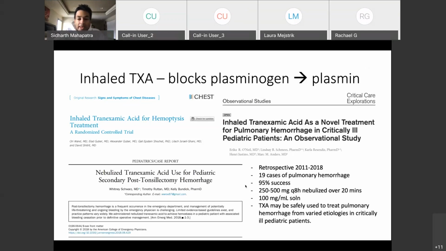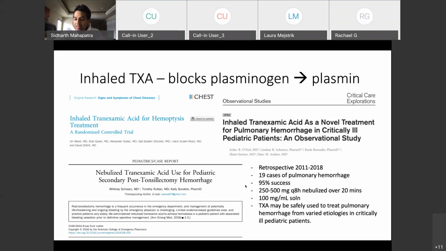Not many, and 18 of those cases actually found success. This is really an observational case series. They used 250 to 500 milligrams every 8 hours of nebulized TXA given over a 20-minute period, at a solution concentration of 100 milligrams per ml. They found that TXA was safe, and it safely treated pulmonary hemorrhage from varied etiologies in critically ill patients.